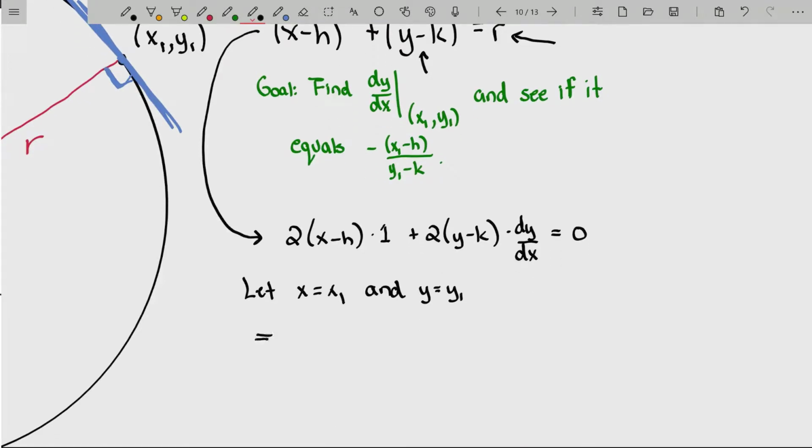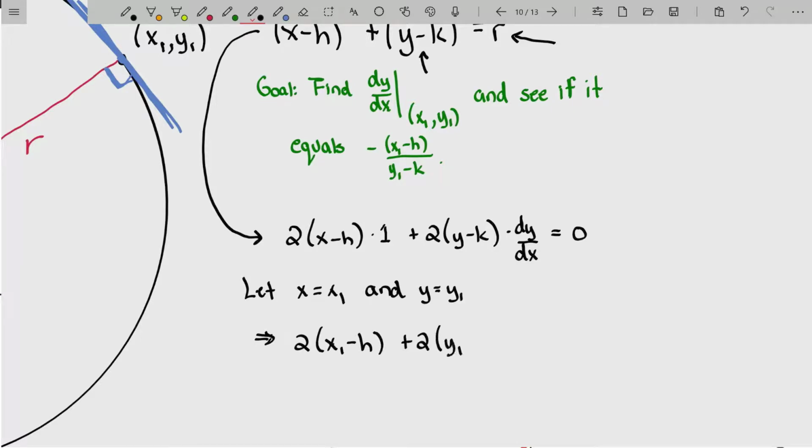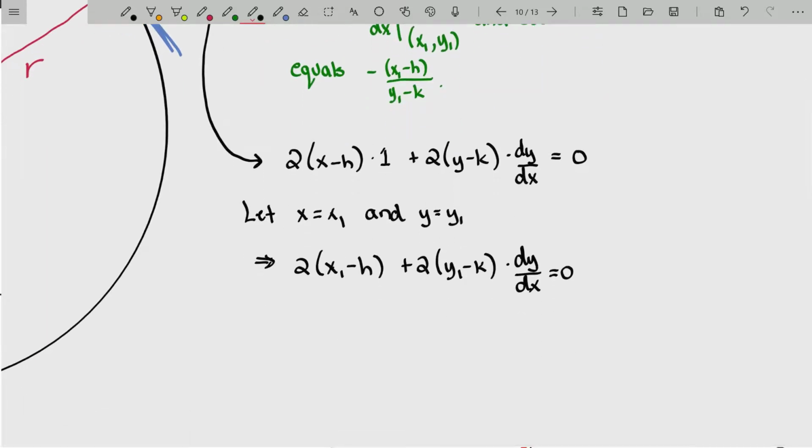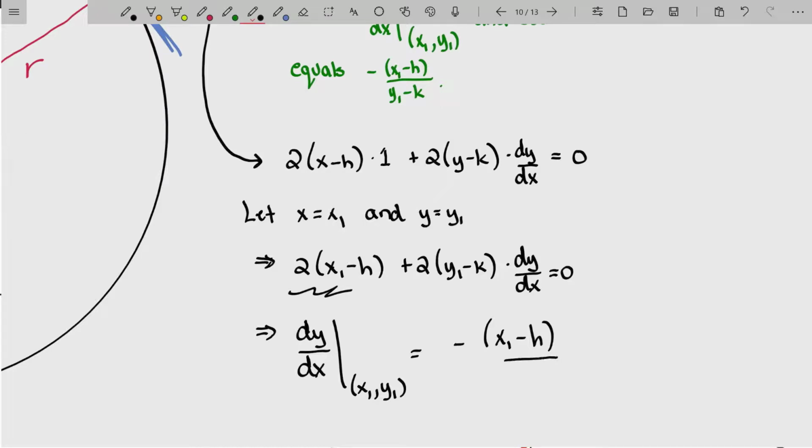If you do that, you'll have twice x1 minus h plus twice y1 minus k times dy dx is equal to 0. Move things to the other side. You'll get that dy dx, once we have plugged in the point x1, y1, is equal to a negative. This is just moving this guy to the other side, and it'll become a negative x1 minus h. And you're going to divide both sides by y1 minus k.